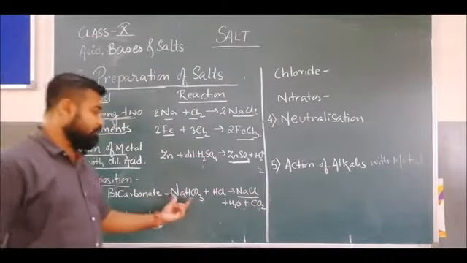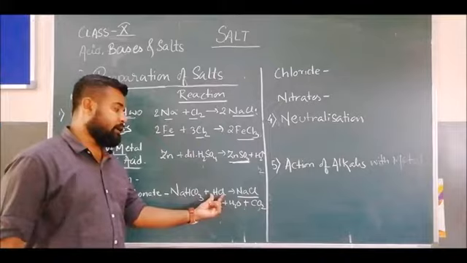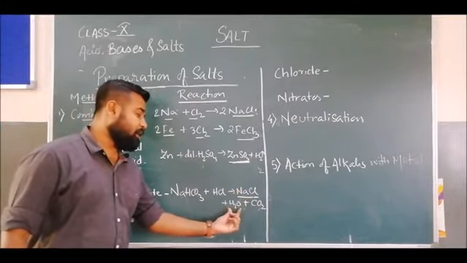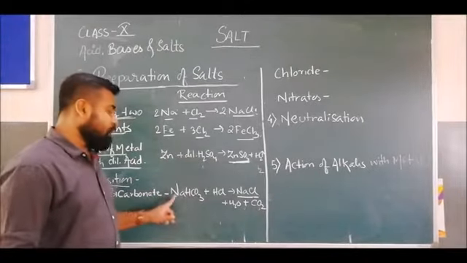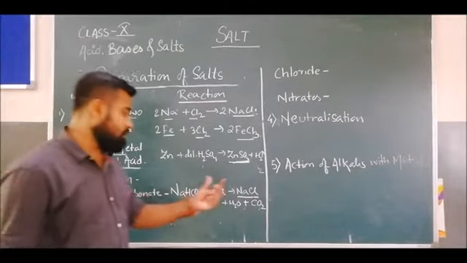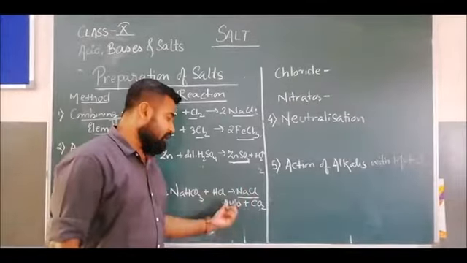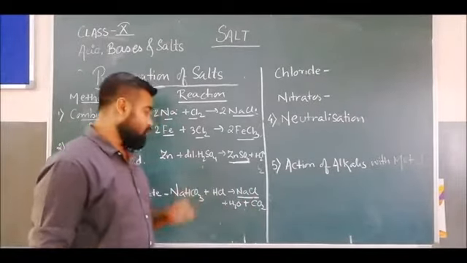So whenever bicarbonates are treated with an acid, we get the salt plus water and carbon dioxide as byproducts. So by treating the bicarbonate with HCl, we get the salt NaCl, and the byproducts H2O and CO2.